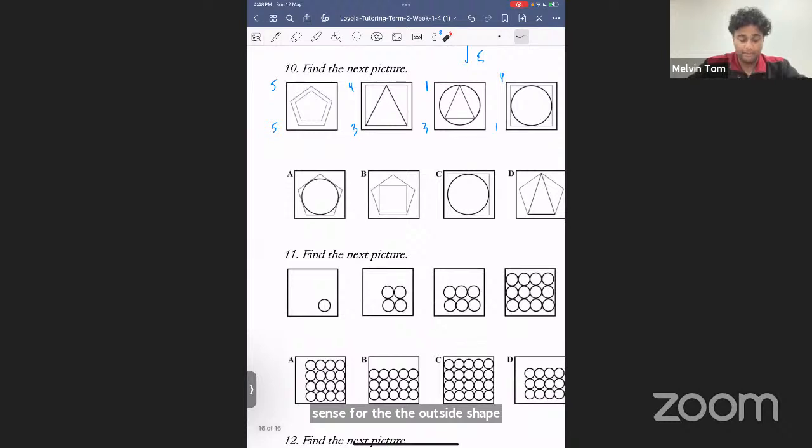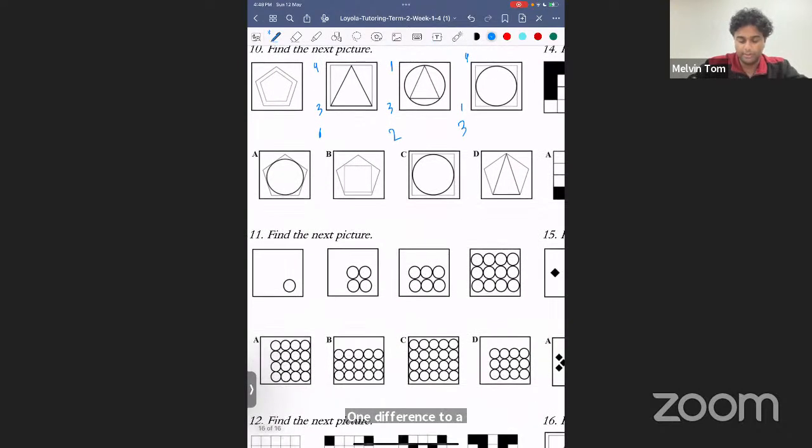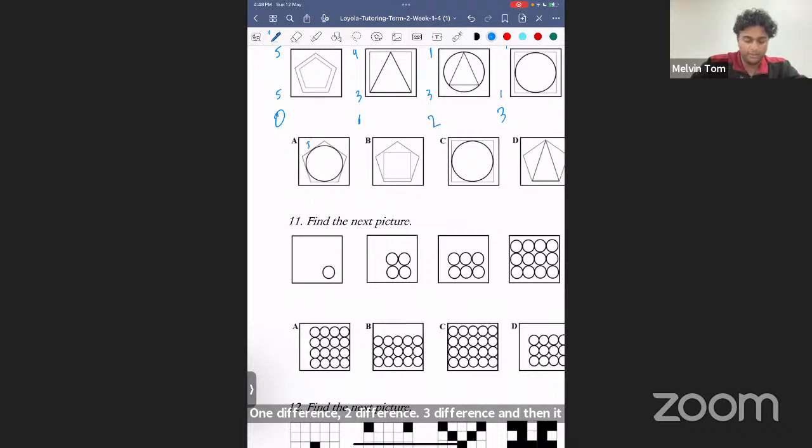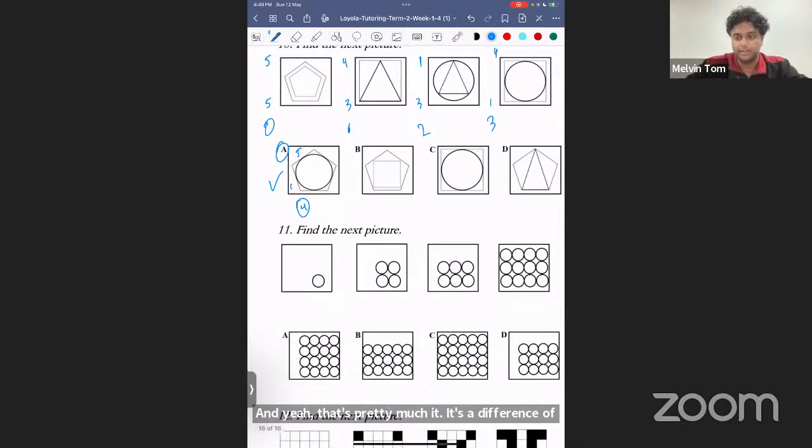So let's then look at maybe a difference or addition of them, right? So 5 minus 5, we have 0 difference, 1 difference, 2 difference, 3 difference, and then it should be 5 and 1, giving us a difference of 4. The answer is A. And yeah, that's pretty much it. It's a difference of sides from the outside and the inside.